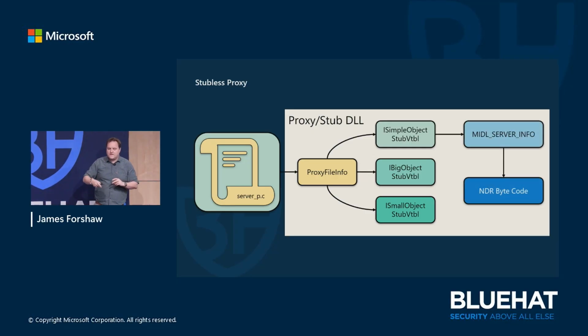And then each one of those vtables contains a structure called MIDL_STUBLESS_PROXY_INFO, which contains a pointer to this NDR bytecode, which is basically bytecode marshalling code. It runs an interpreter in the RPC runtime to do the marshalling for you. And because this is a defined set of structures, we theoretically can just parse that and work out exactly how to marshal those COM interface calls.